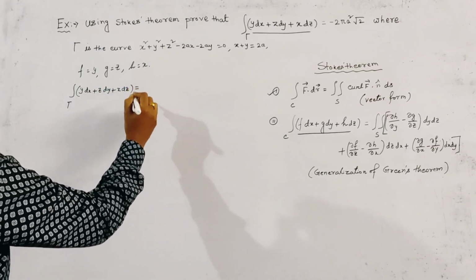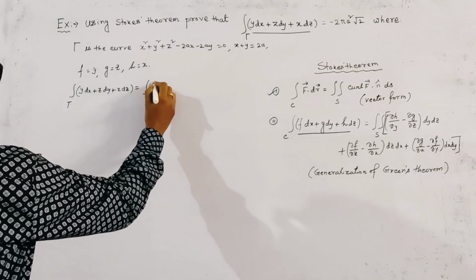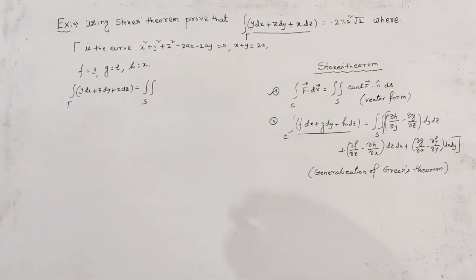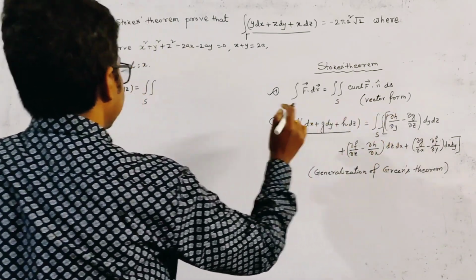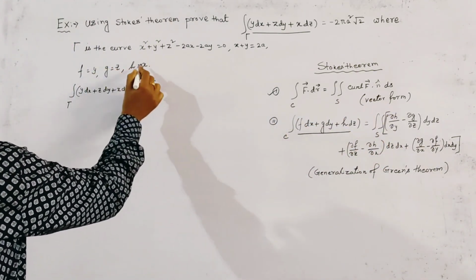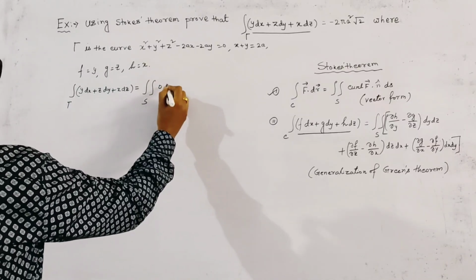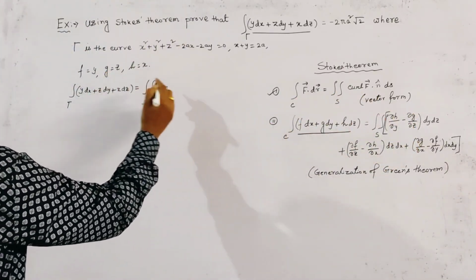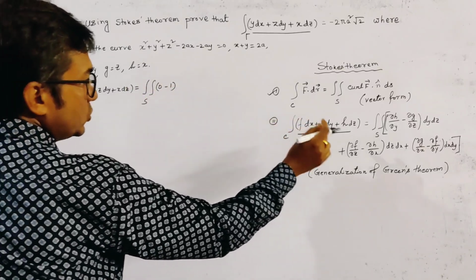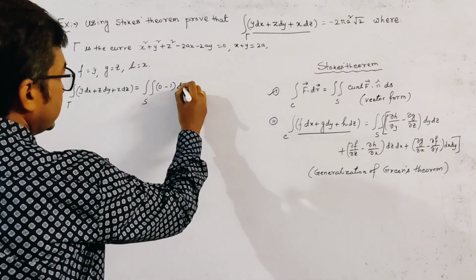We write the right side: the integration over S of del h by del y minus del g by del z, which is 0 minus 1, into dy dz.